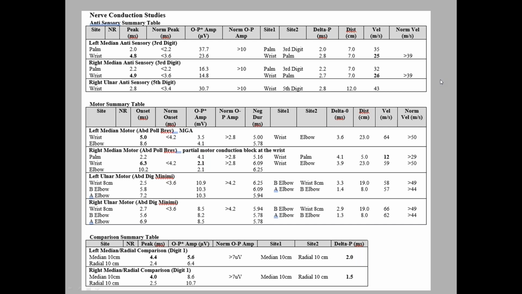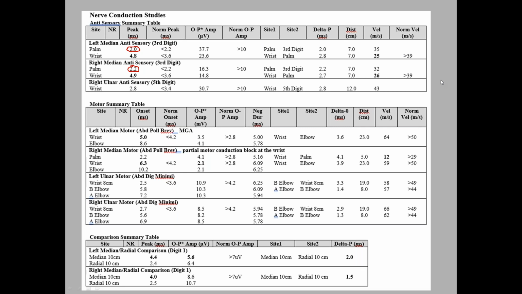Motor or sensory? So bilateral median sensory nerves exhibit prolonged latency and slowed nerve conduction velocity. Where? At or about the wrist. Okay. Yeah. Because now the short segment's normal. The short segment in the palm is normal. The distal segment, you mean? This segment? Yes. Okay.